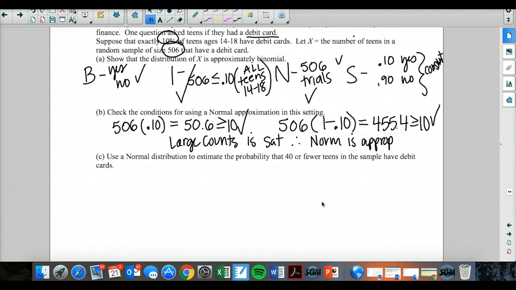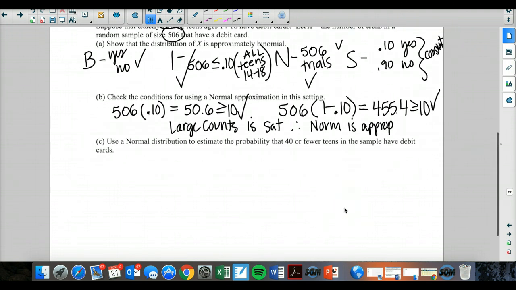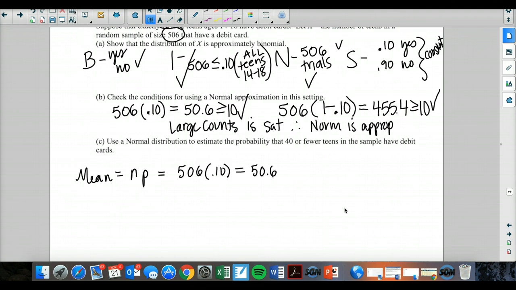So use a normal distribution to estimate the probability that 40 or fewer teens in the sample have debit cards. So first of all, I need a mean and a standard deviation. And if you'll remember for binomial, the mean is n times p. So that's 506 times 0.10. So my mean is 50.6.